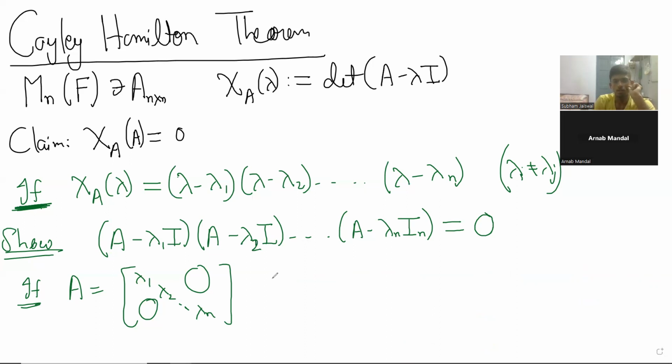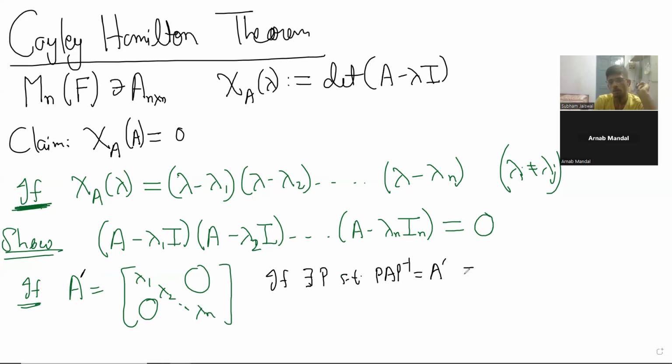So I will just assume this: if there is a matrix P such that PAP inverse is diagonal, then you are done. Let's call this A prime. Now A prime is like that. And if this happens, then you are done.